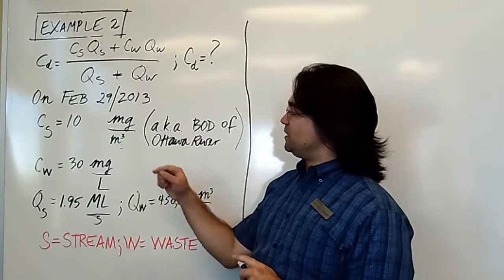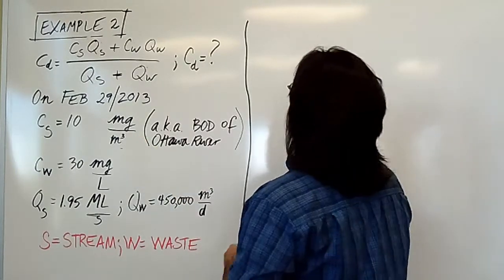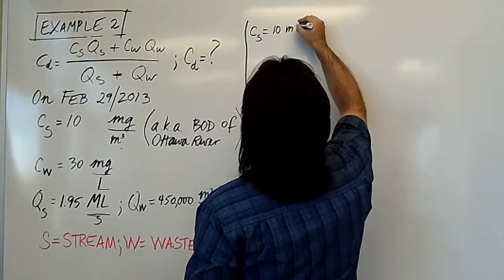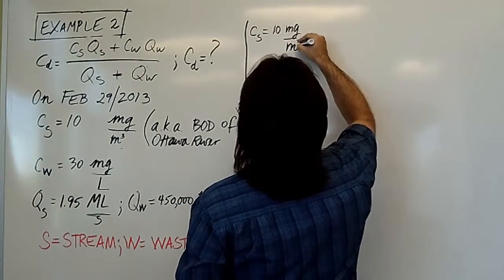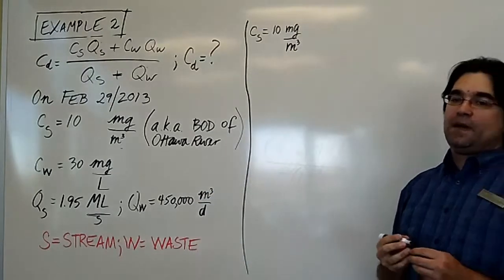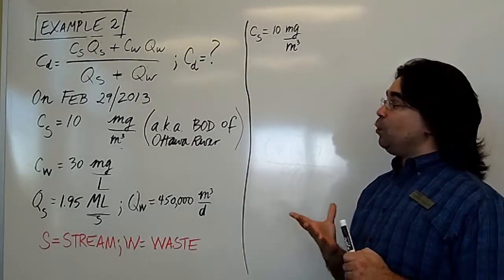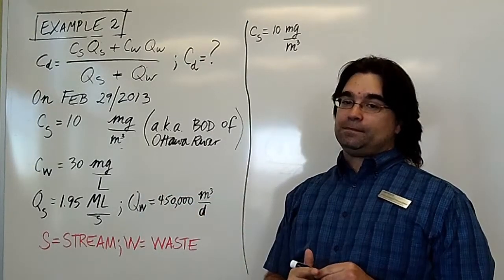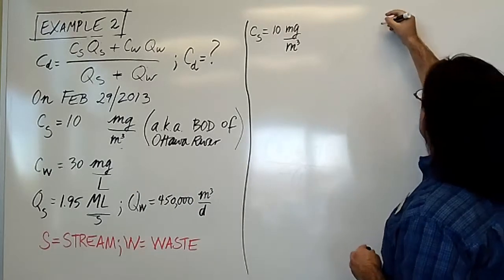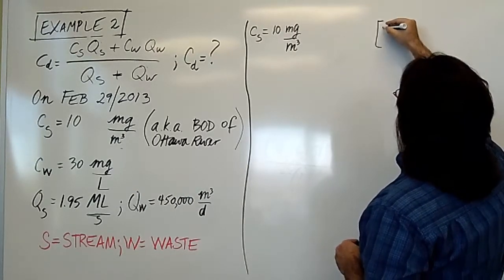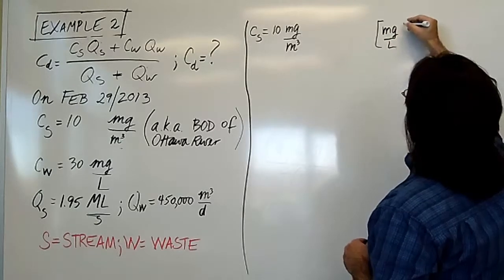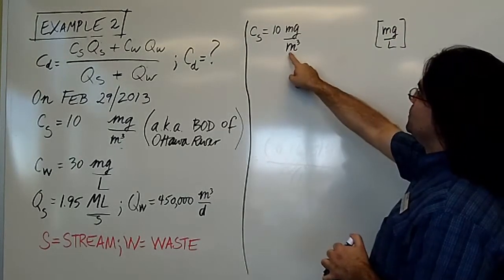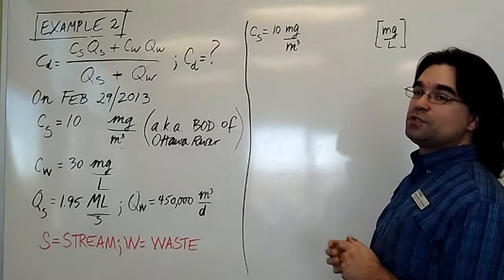So I'm going to start first with the concentration of the stream. Currently it shows as 10 micrograms per cubic meter. But what we want this in is in micrograms per liter. Okay, so this is the end result. So what we have to do is convert this cubic meter into liters.